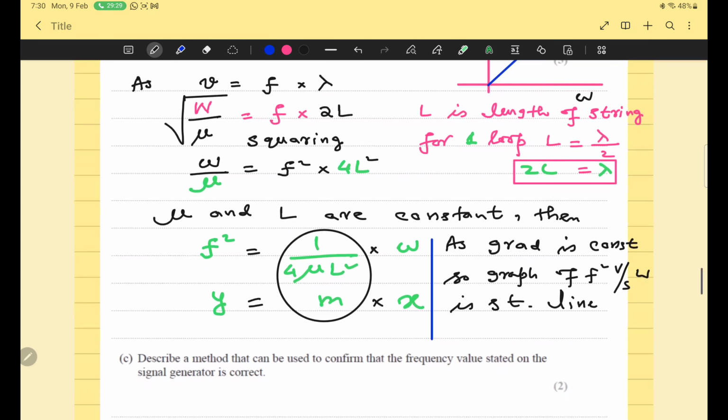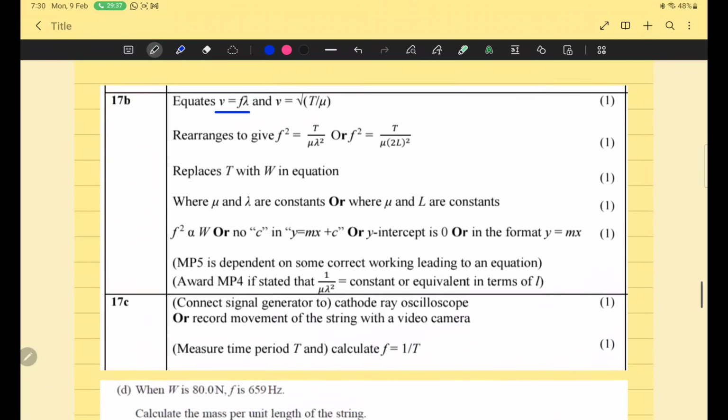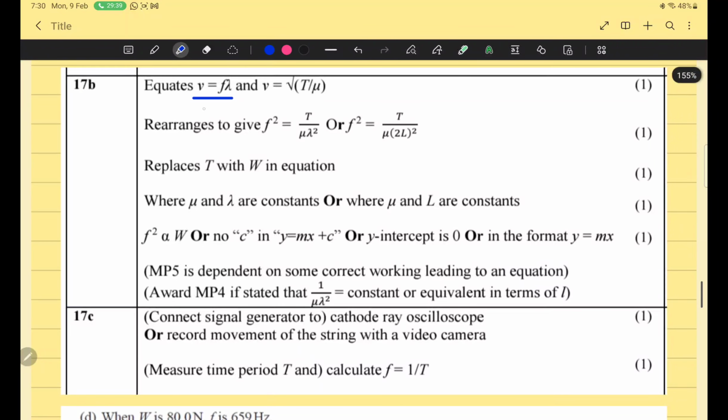Y equal to mx plus c. No y-intercept. As the y-intercept is 0, it is passing through the origin. And if you read the marking scheme, I think it is better. V equal to f lambda, then velocity is replaced by the square root of T upon mu, and then squaring both sides.